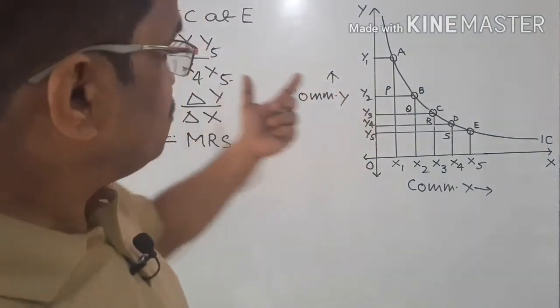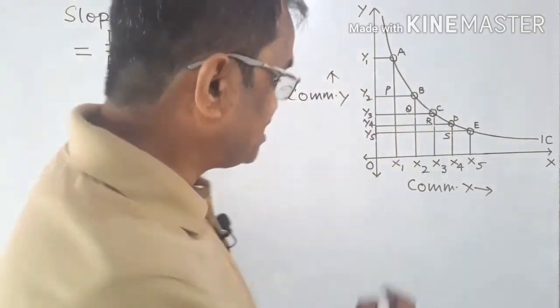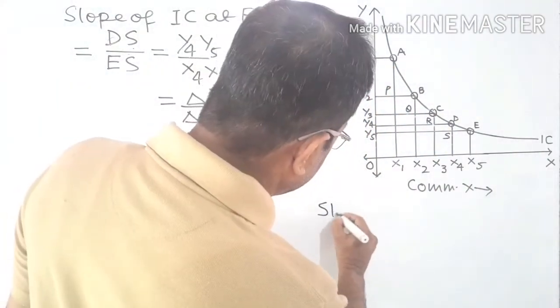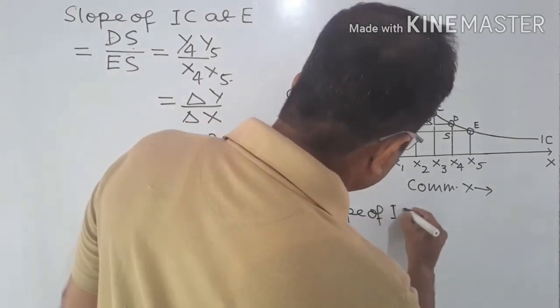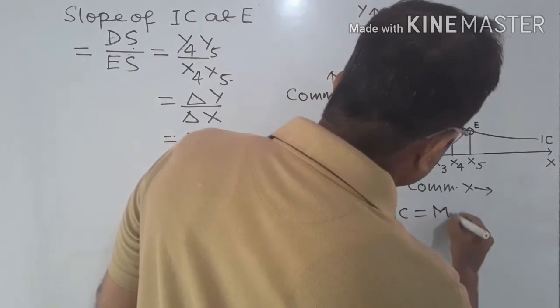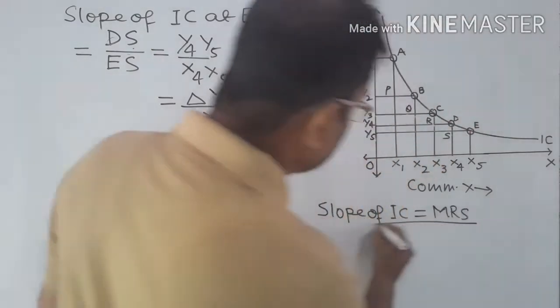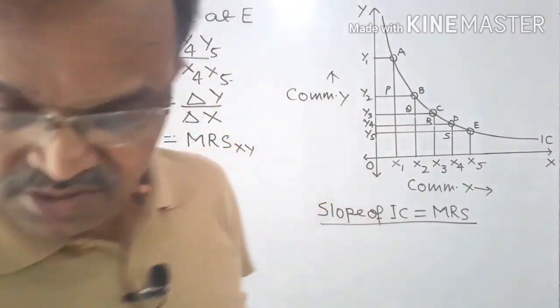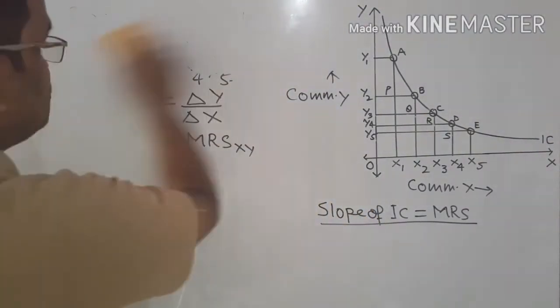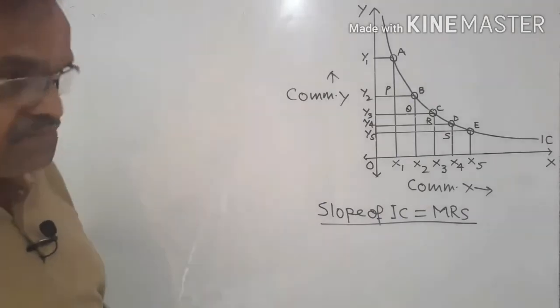So what do we observe here? The slope of the indifference curve is equal to MRS. That is, MRS measures the slope of the indifference curve. Now look here. What do we observe in this figure?